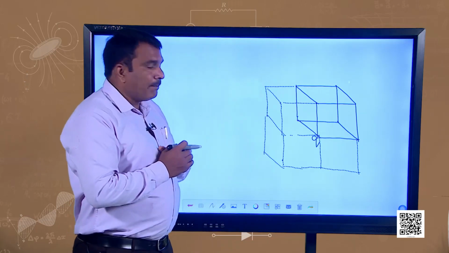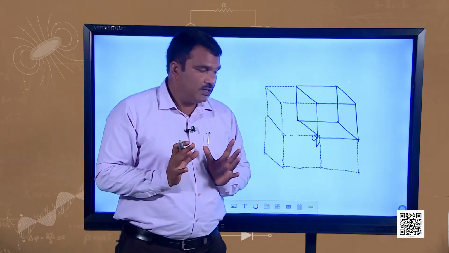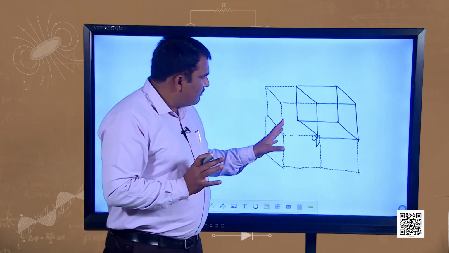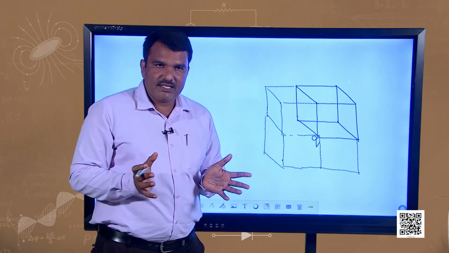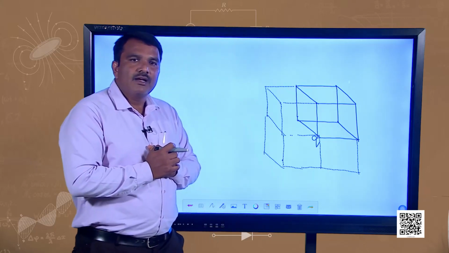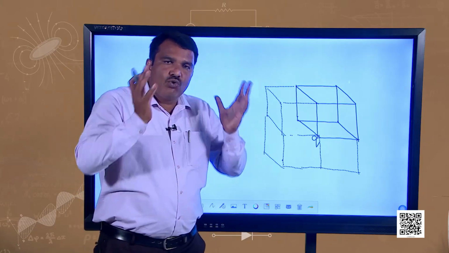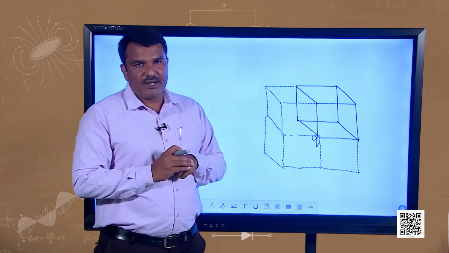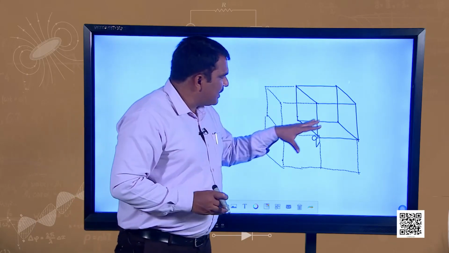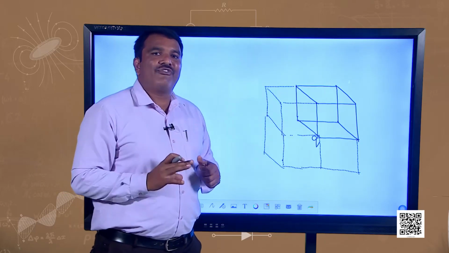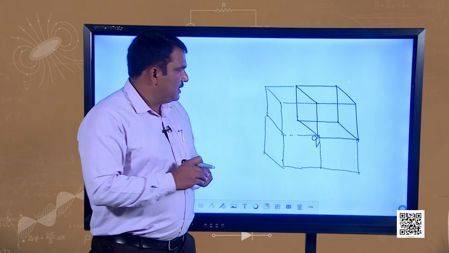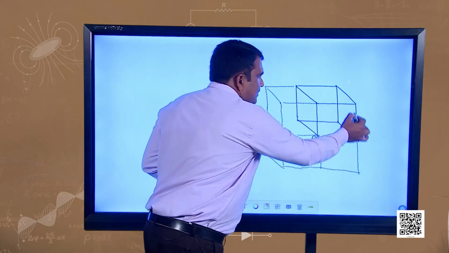Now, the big cube so formed will have, every cube has 6 faces around it, and the big cube so formed will have 24 faces of this size.